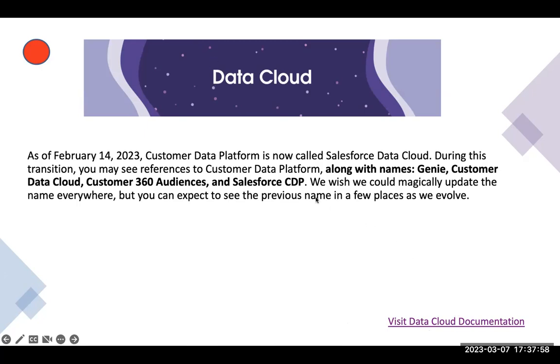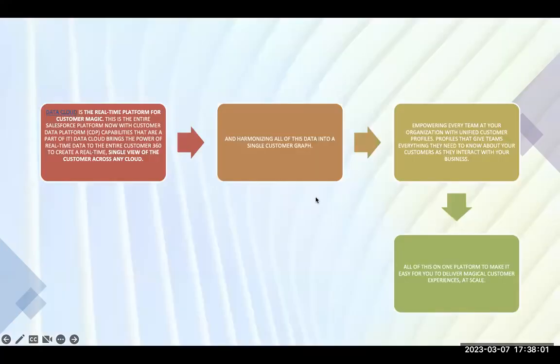The next thing is that everyone should understand how Data Cloud really works. Data Cloud is a real-time platform for customer magic. It is built entirely on the Salesforce platform, with an additional enterprise-level data lakehouse architecture. It brings data from different source systems and harmonizes all the data into a single customer graph.